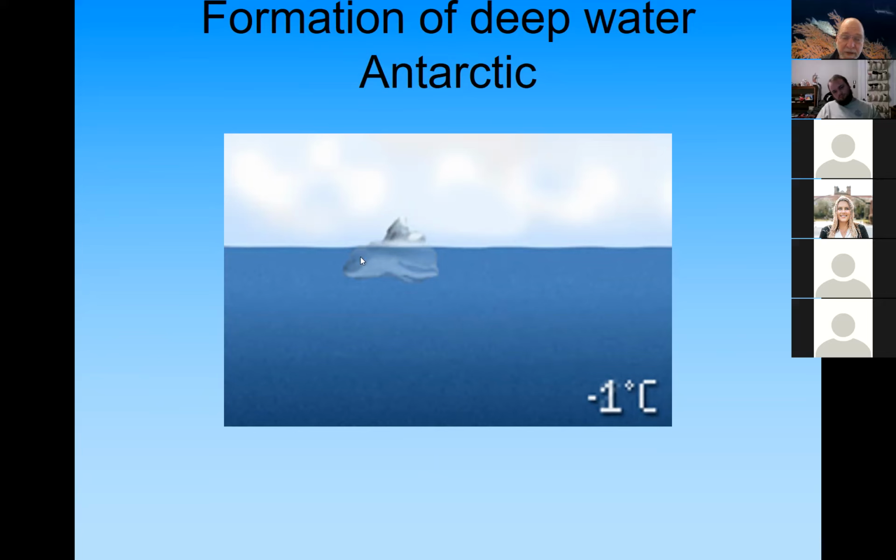And in this cartoon, this formation of sea ice is depicted as formation of an iceberg. In fact, the formation would be surface ice that's forming. But bear with me here as we go through this. All right, so at minus 1 degree, we get the beginning of formation of sea ice.